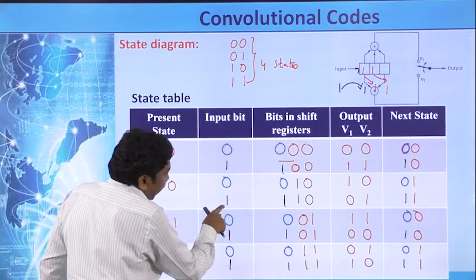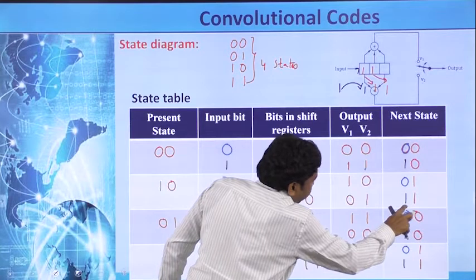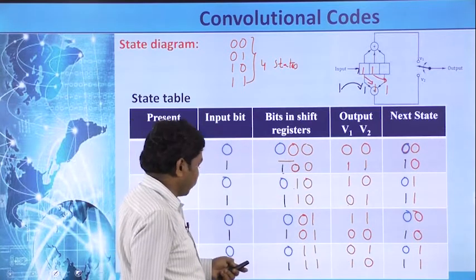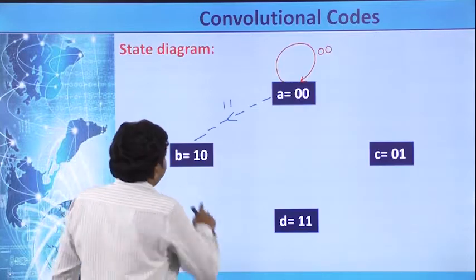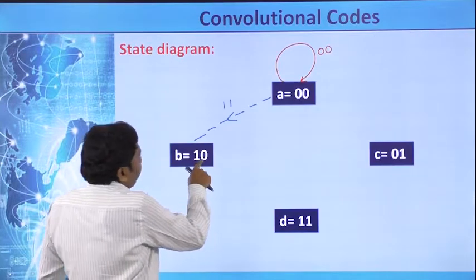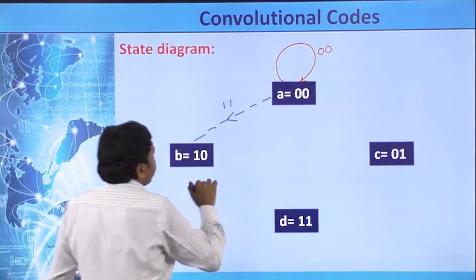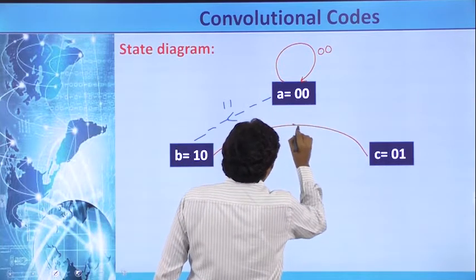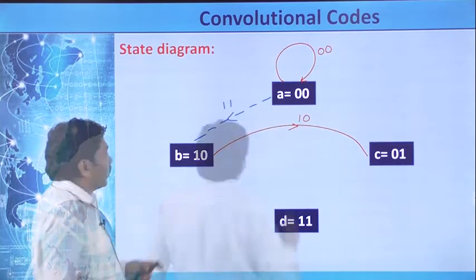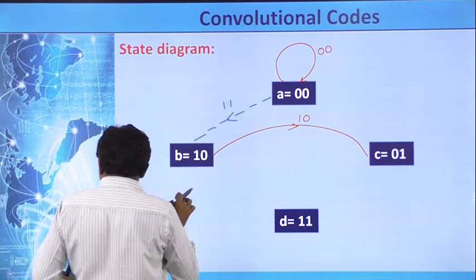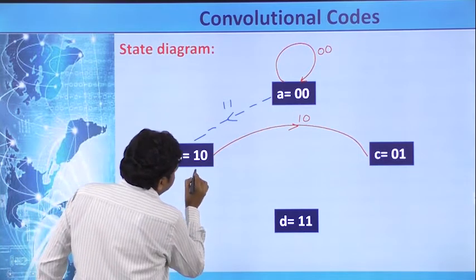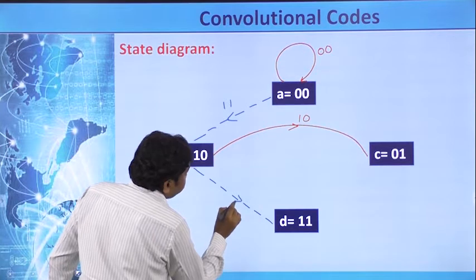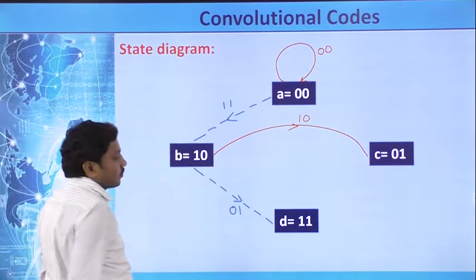When the input is 1, it moves into 1 1 state with the output bits 0 1.